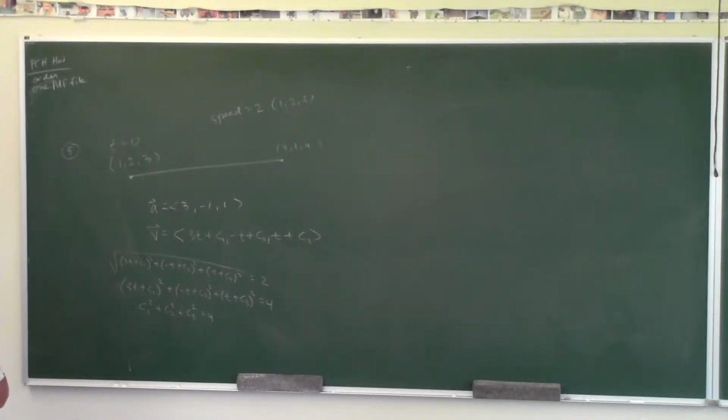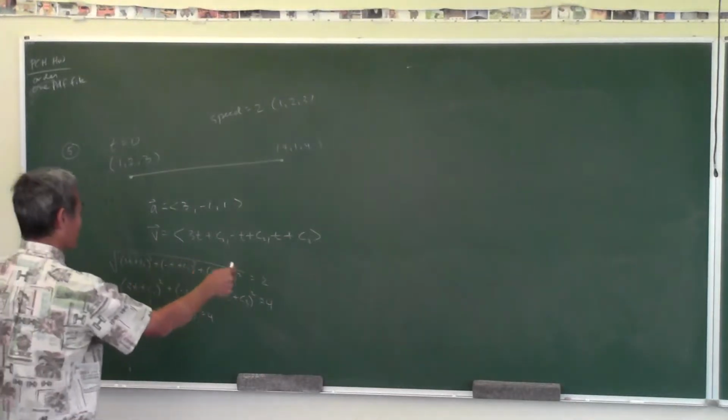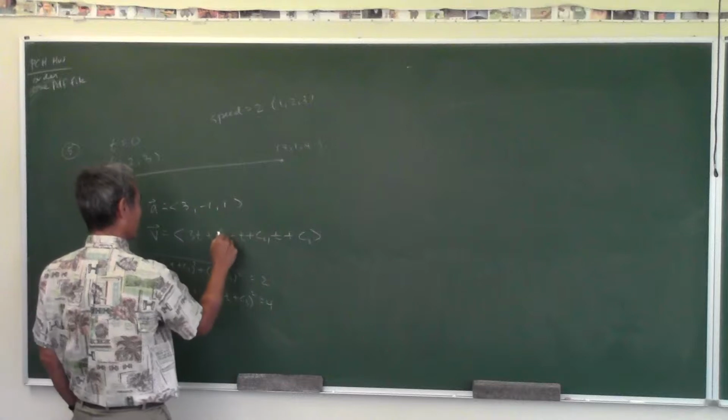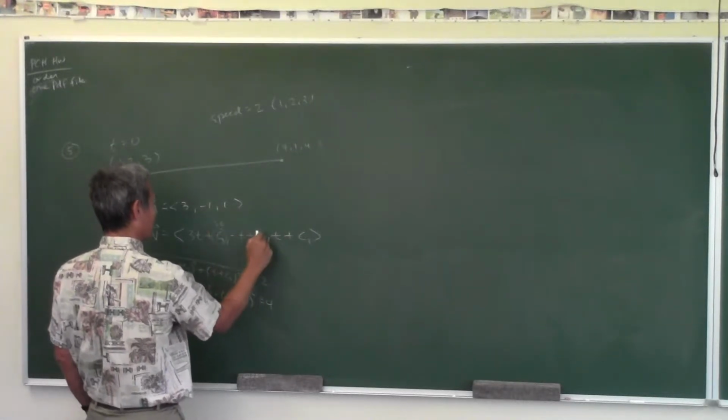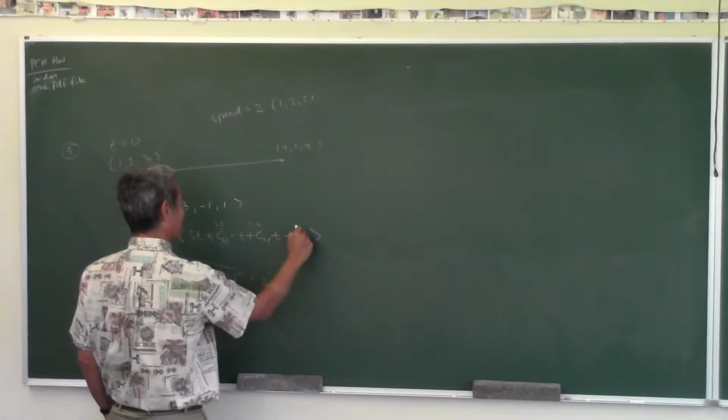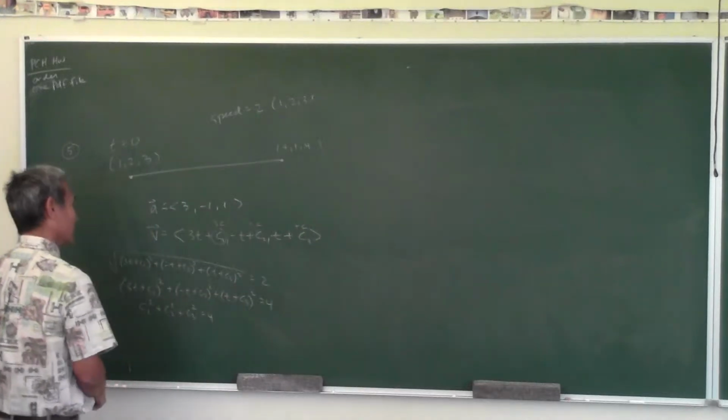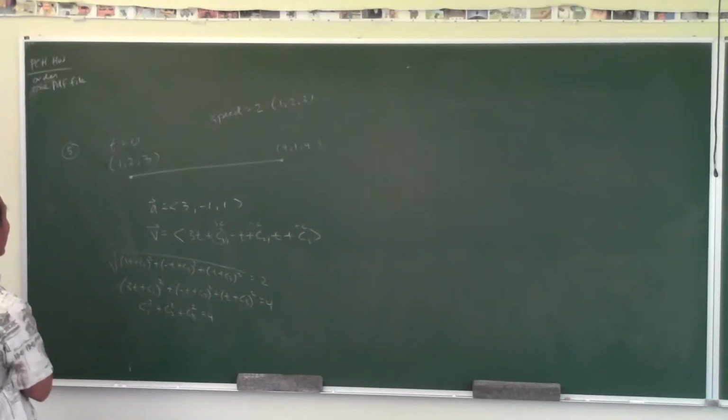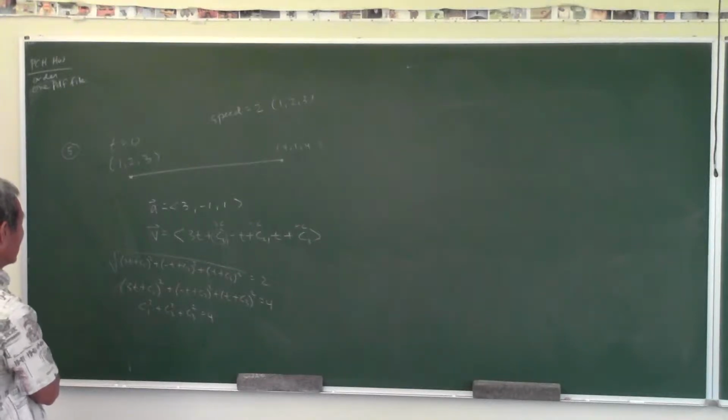Instead of c1, c2, c3, you did what? I put 3c, minus c, and plus c. Why is that? I'm just wondering why that is. I don't know. Oh, wait.